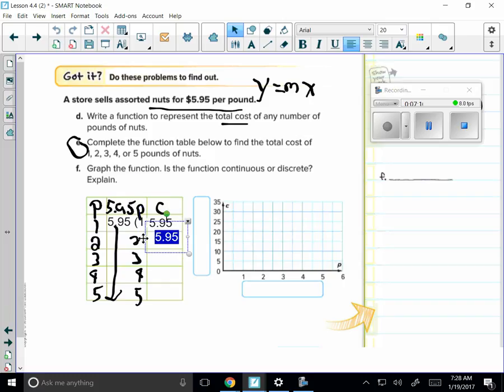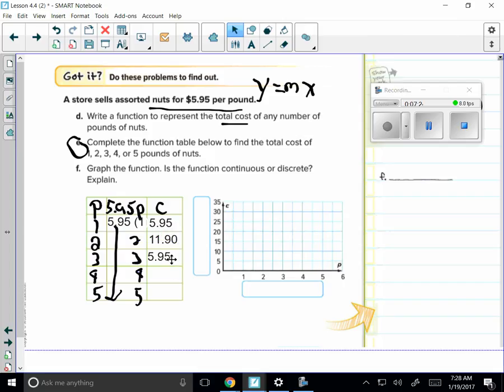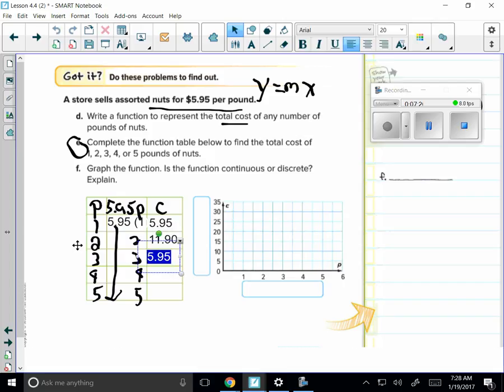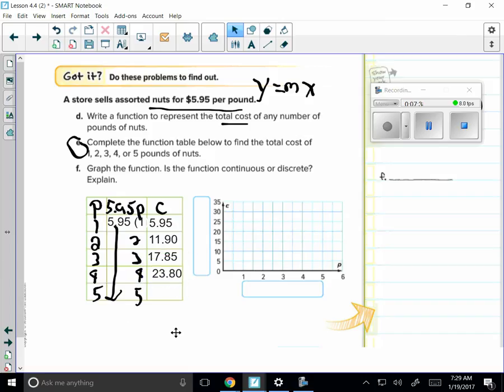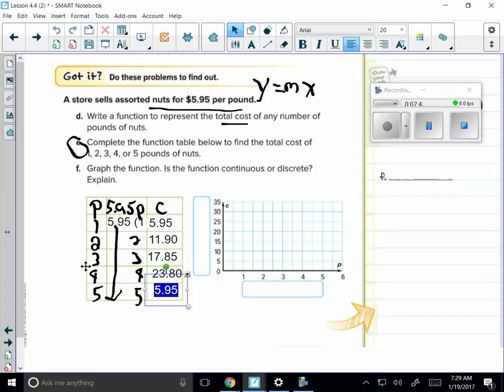When you do 5.95 times 2, you get 11.90 for 2 pounds of nuts. And when you do 5.95 times 3, you're going to end up with 17.85. Next one, when you do 4 times 5.95, you're going to get 23.80. And then the last one here, 5 times 5.95, gives me a total of 29.75.